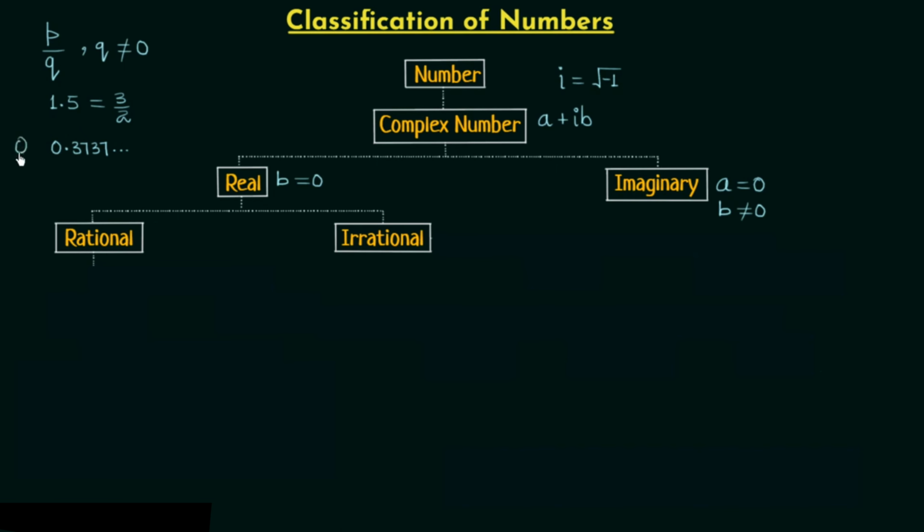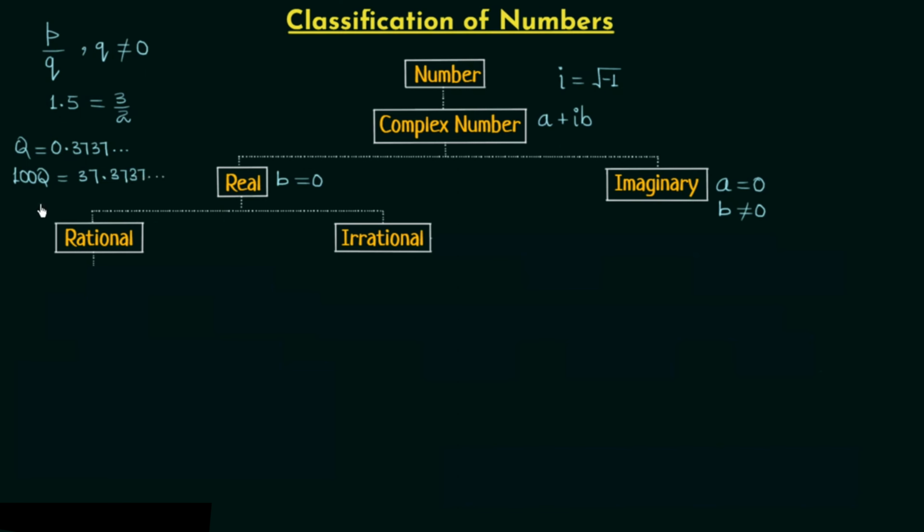For example, I will consider this as q, number q. Now I will multiply both the sides by 100. We will have 100q on the left hand side, and on the right hand side we will have 37.3737 and so on.